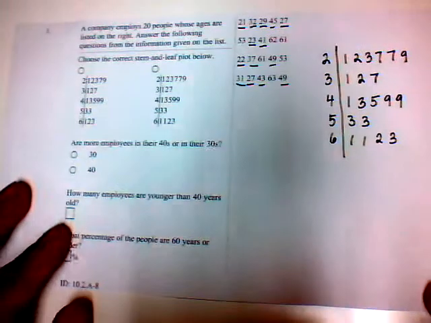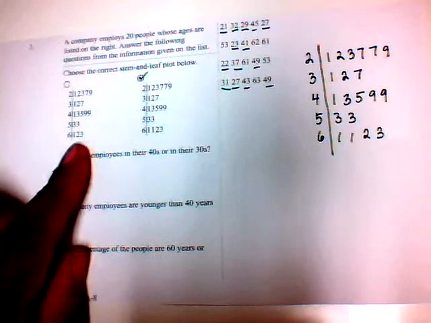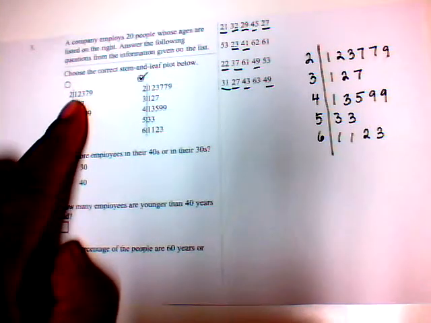Okay. So in this case here, it would be this answer choice right here. So basically, if you have less than the number of items that you're supposed to have in that list, that means that you're missing one of your leaves. Like this one right here is missing a 1.